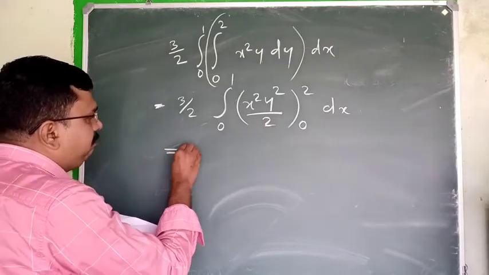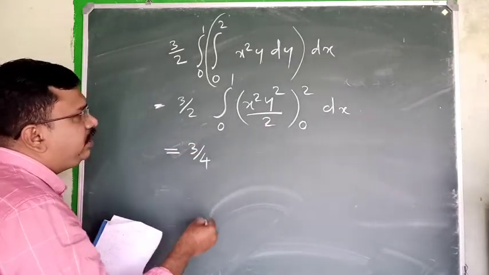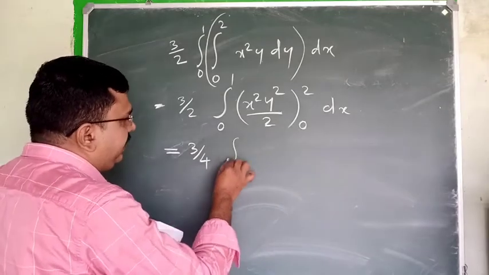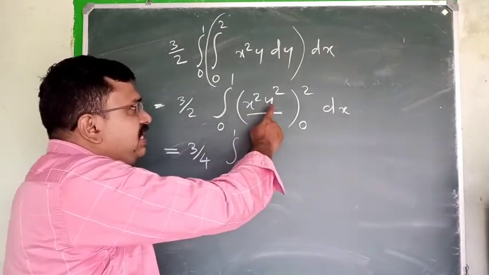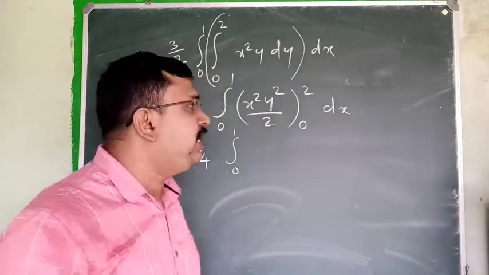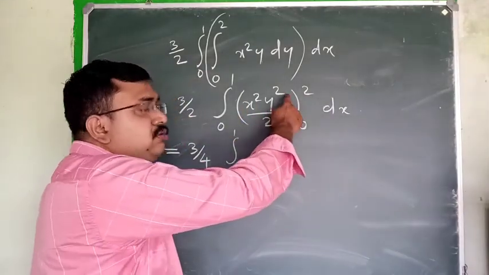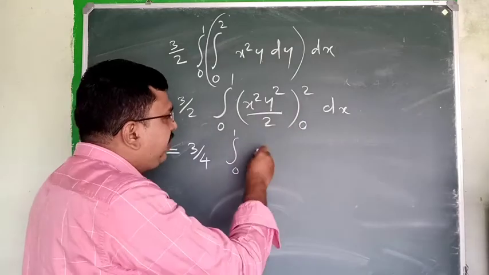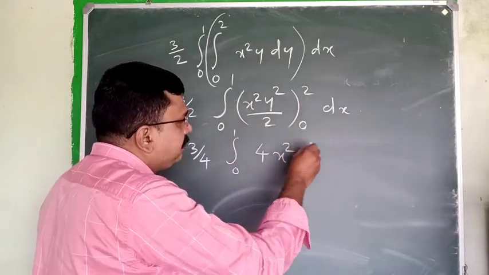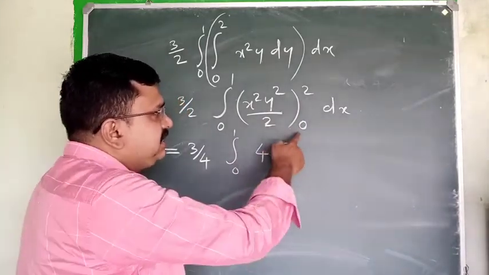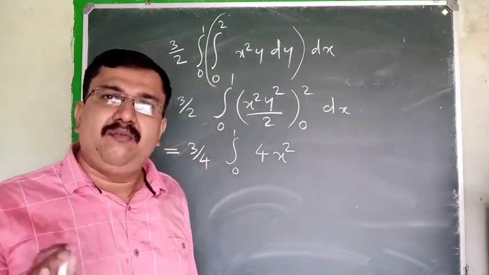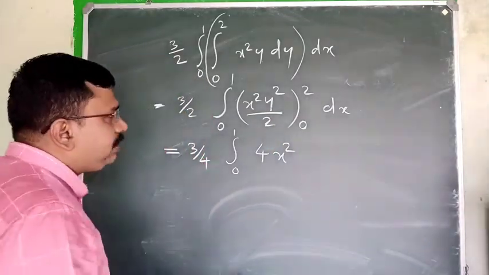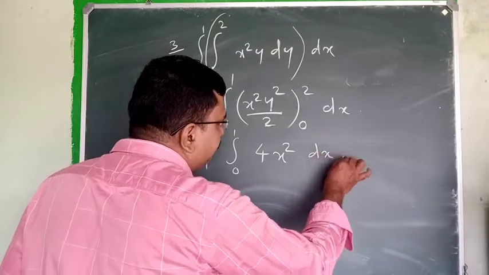This 2 can be taken outside, so it becomes 3 by 4 into integral 0 to 1. Here y is replaced by 2, therefore 2 square, that is 4x square, minus 0, that is 4x square dx.